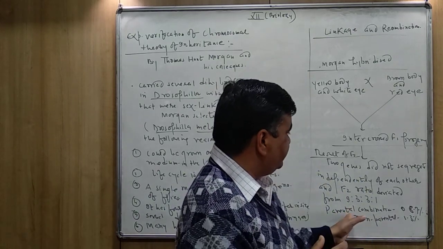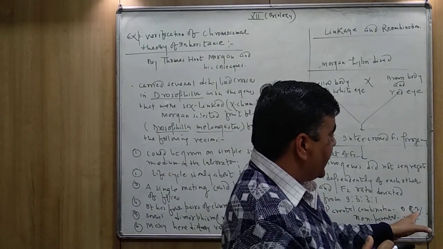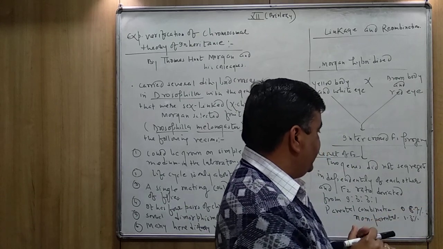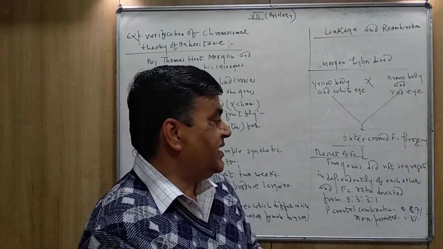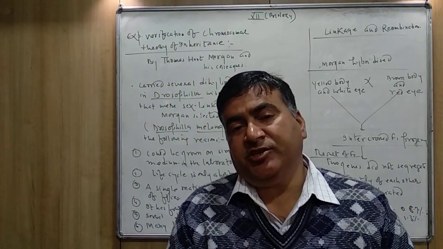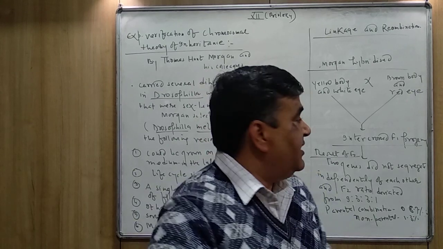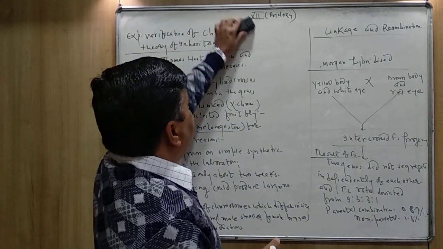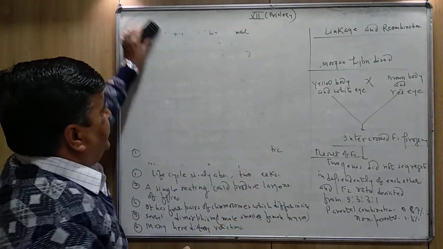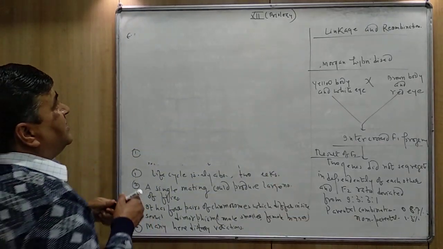Here I have written the parental combination is 98.7%, while the non-parental combination is 1.3%, and this non-parental combination may be due to crossing over. Let me explain with the help of the chromosome.